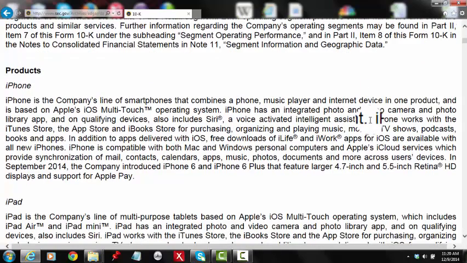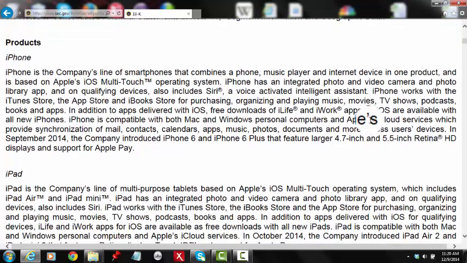Now here comes the first somewhat important piece of information. They talk about products, and right now we'll just quickly go over the main products. The first is iPhone, and it says that the company has introduced iPhone 6, and it gives some features.